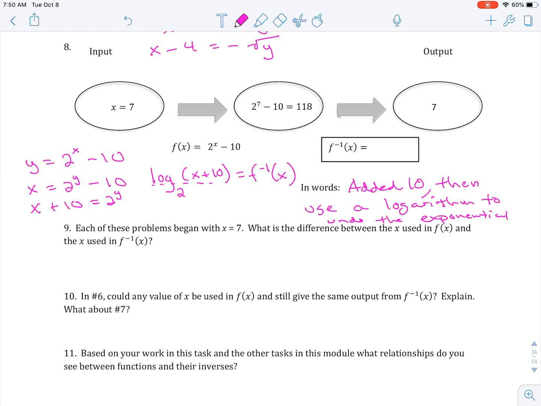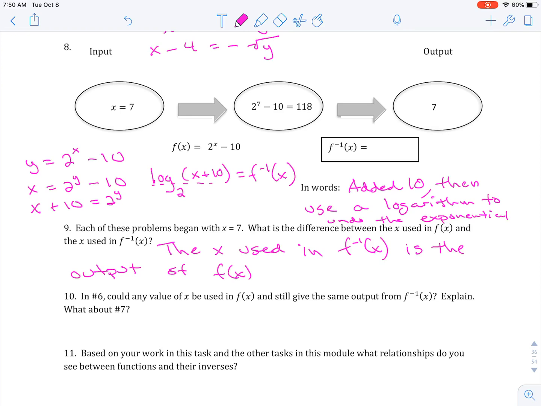So basically the x that is used in f inverse of x is the output, or the y value, of f of x, meaning basically they just switch.